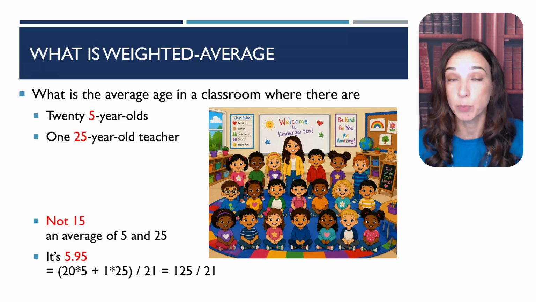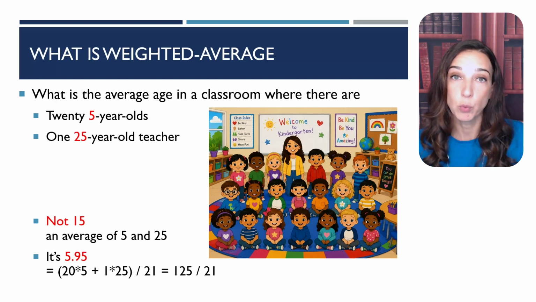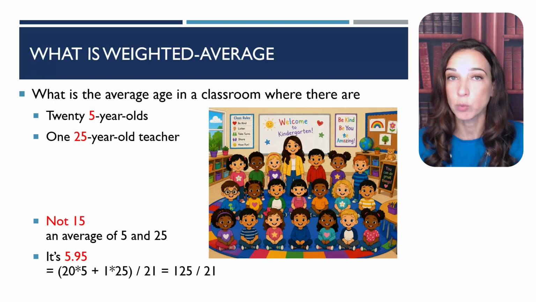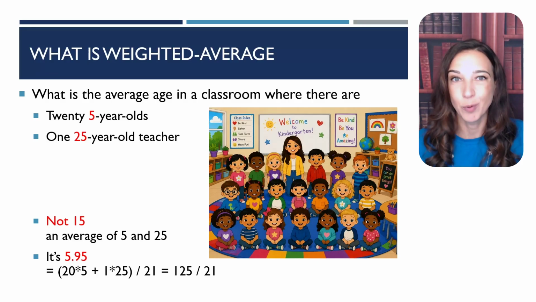Here we have a pool of 20 individuals who are 5 years old, and we have a pool of 1 individual who is 25 years old. So mathematically, of course, we want our average to be reflective of that relative size of the pools, and 5.95 is the appropriate representation.